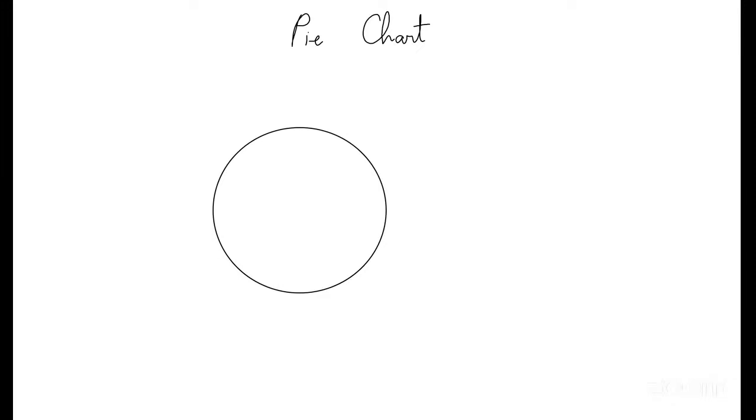Now, suppose I have this data in which the number of forests in 5 states are shown.